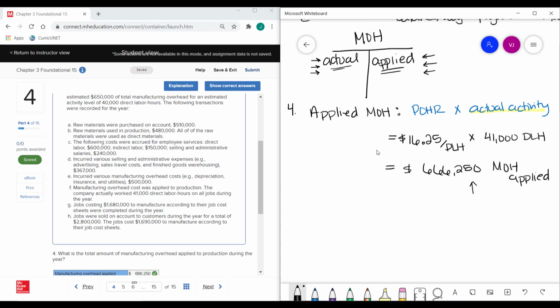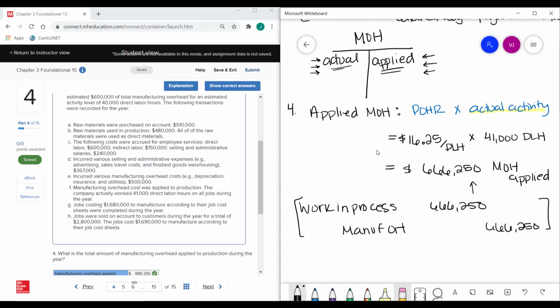And if you credit overhead, you have to debit work in process. So the entry, they're not asking for it here, but let's do it anyways. To record that overhead applied, we're going to debit work in process for $666,250 and credit manufacturing overhead for that same amount. Okay, so that's what the entry would look like.